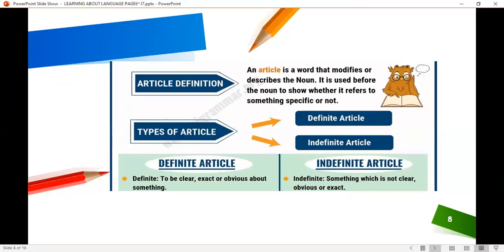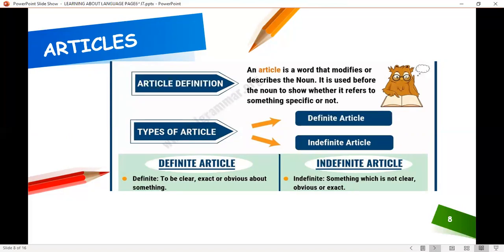Okay, next move on towards article. Article is a word that modifies or describes the noun. It is used before the noun to show whether it refers to something specific or not. Article is also doing the job of an adjective because it describes or modifies the noun.